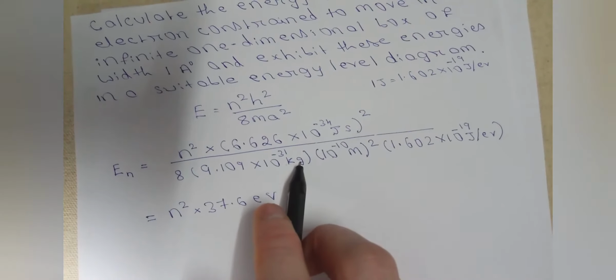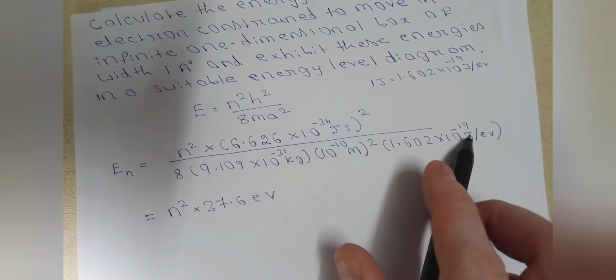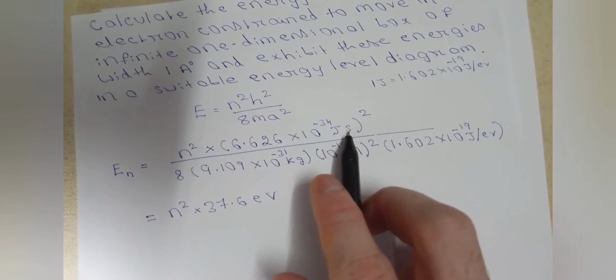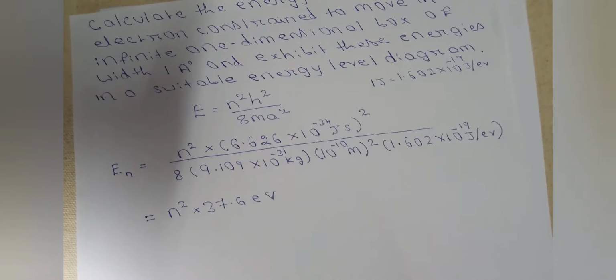Kilogram can be converted into gram, joule gets cancelled here, joule can be written as kg meter square per second square.